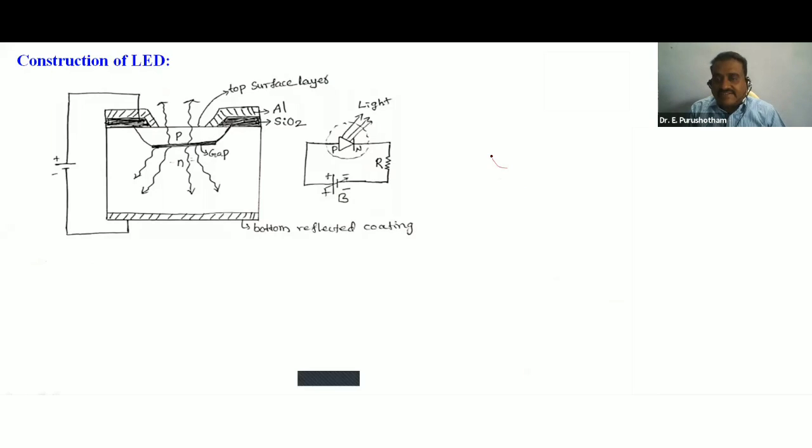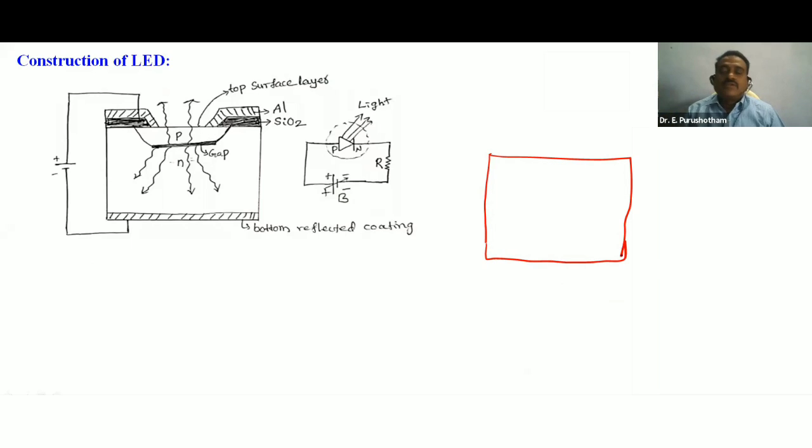So first, let us take a glass box. This is the glass box. So this is the top surface, this is the bottom surface. First, the top surface is coated with silicon dioxide, SiO2.